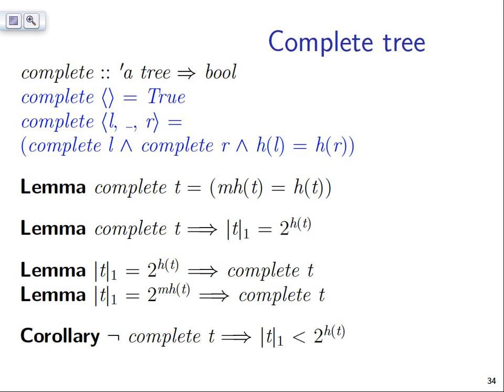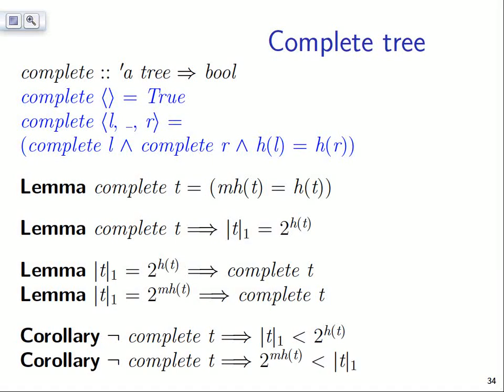If it's complete... Oh, it follows from the first one. Yes, indeed. So they are all equivalences, but I stated them as implications because the proofs of the separate directions seem to work simpler.